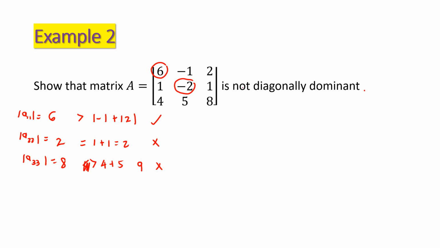So that's why A is not diagonally dominant. Because for diagonally dominant, make sure the magnitude A33 is greater than the summation of the other two values. So that's why this is not diagonally dominant.